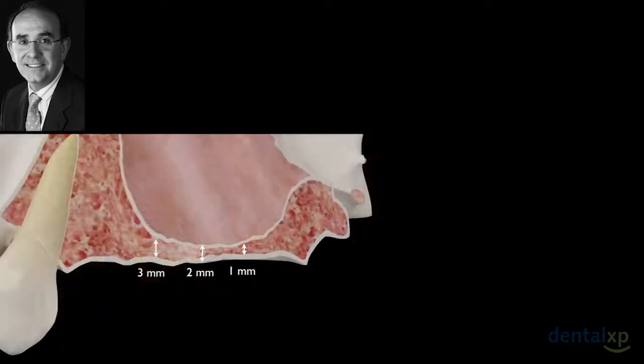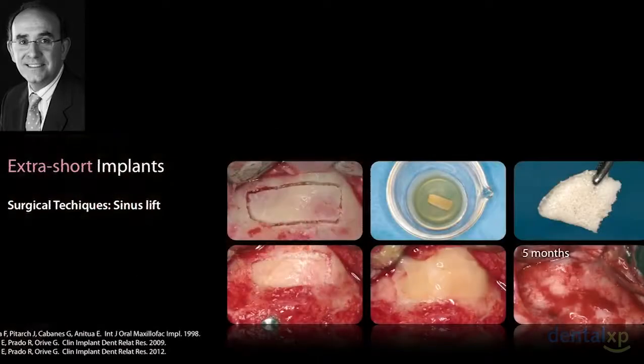Of course, when I have between 3 or 2 or only 1 millimeter of residual crest, our approach is the technique that I published 20 years ago, which is to open the window with the ultrasonic. I keep the window. I prepare my graft. I always want to place autologous bone, and I place the window again.